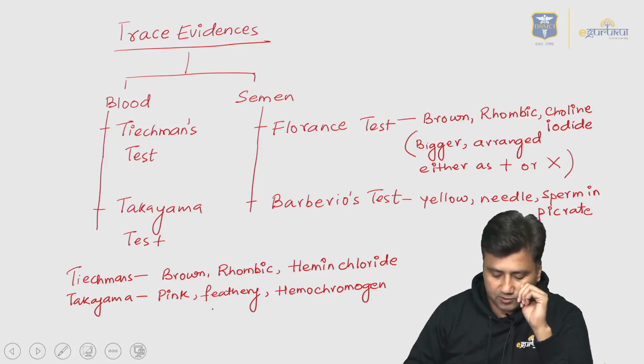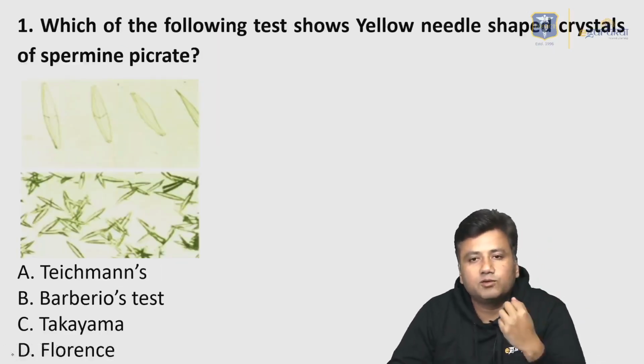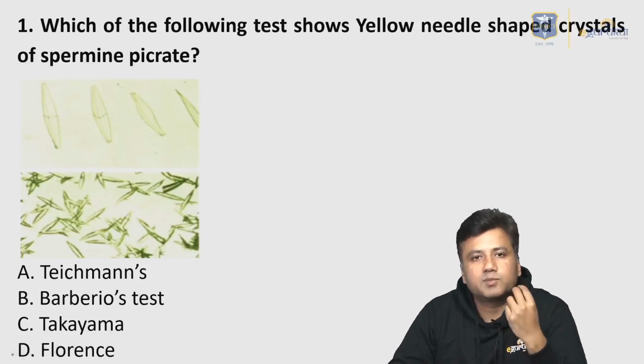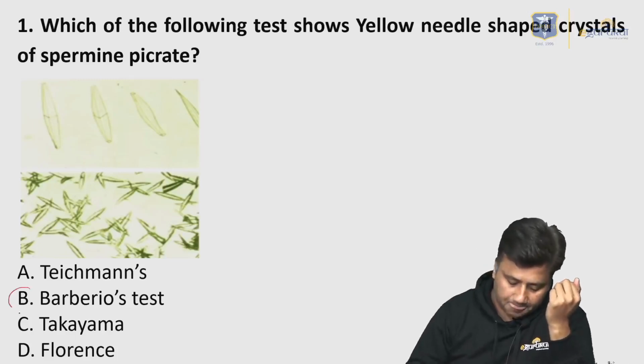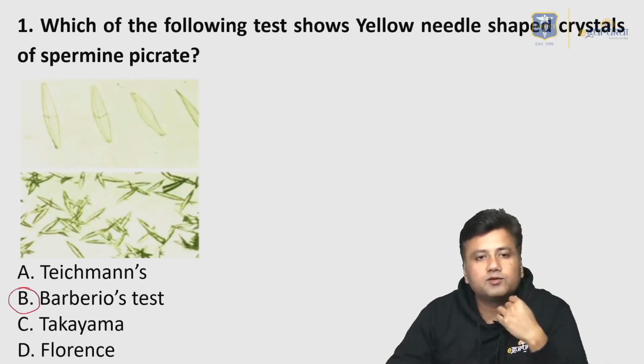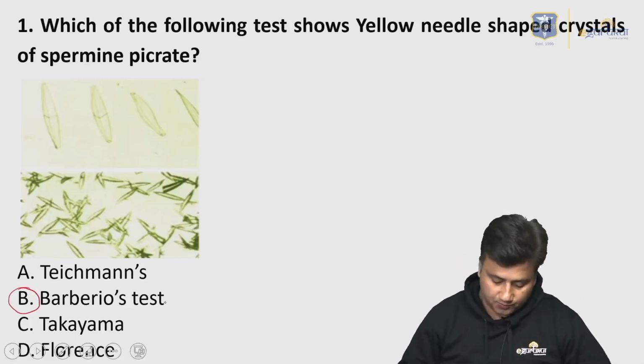So if we go back to our question, the question says there is development of yellow needle shaped crystals of spermine picrate. What would be the name of the test? The name of the test would be Barberio's test.